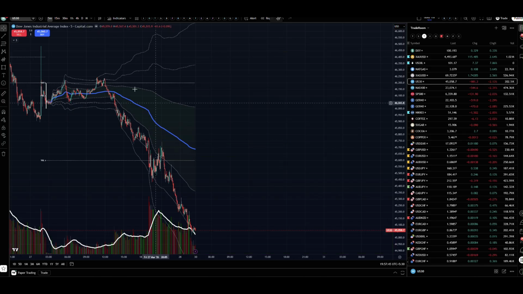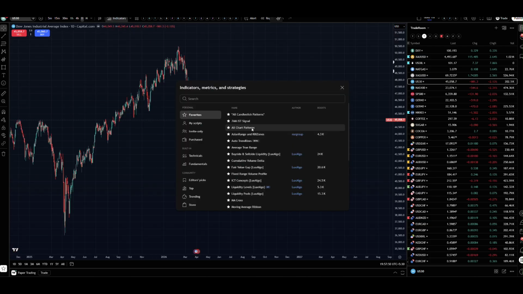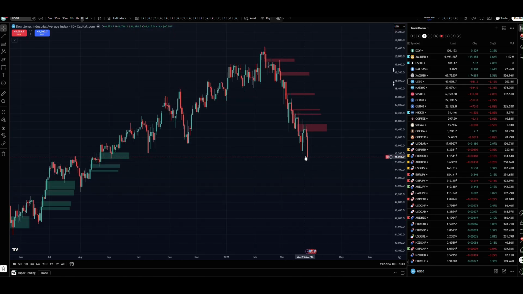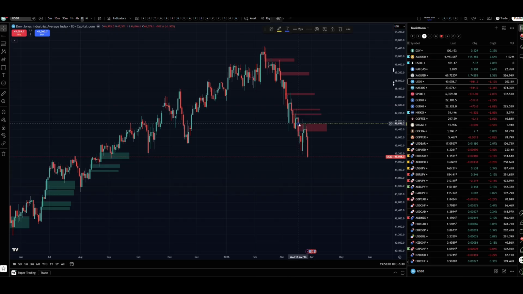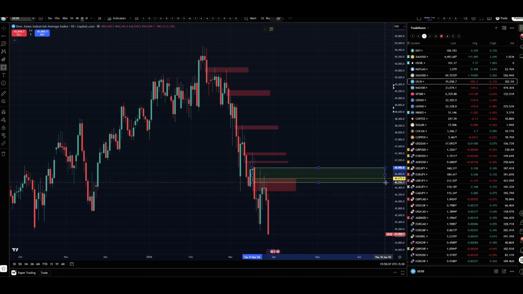If we remove all the indicators, we go here. This is a separate kind of plan. Because of this close and the breakdown here, this fair value gap and this high becomes a high value imbalance, 46,700. This area becomes an imbalance.